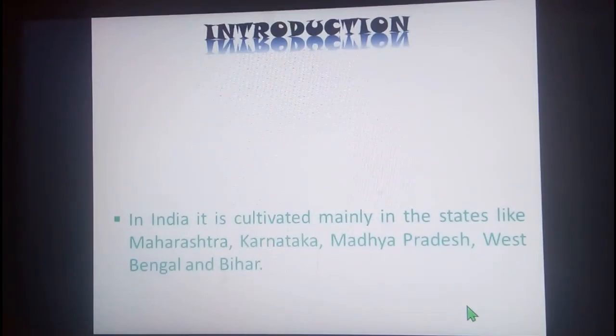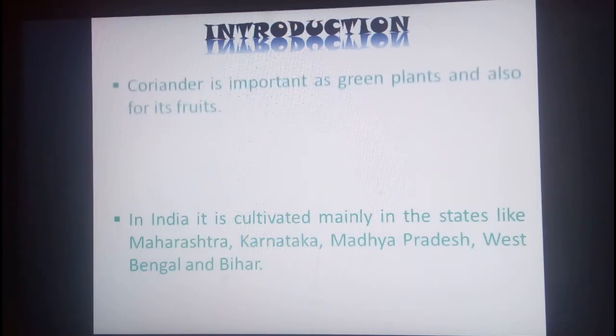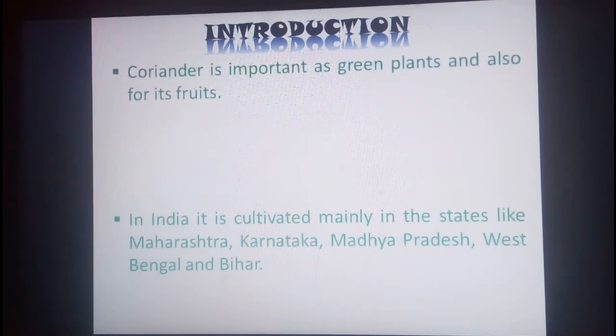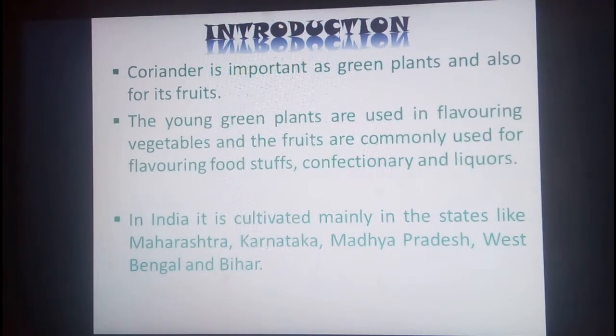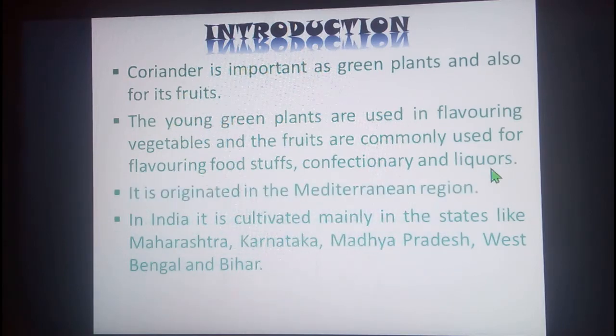And coming to the introduction, coriander is important as green plants and also it is especially important for its fruits. The young green plants are used in flavoring vegetables and the fruits are commonly used for flavoring foodstuff, confectionery as well as liquors.